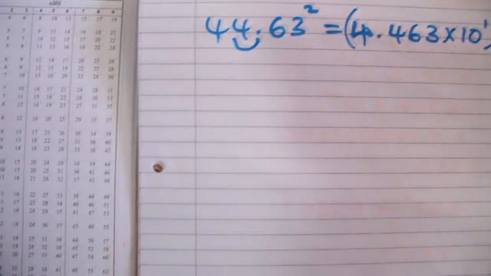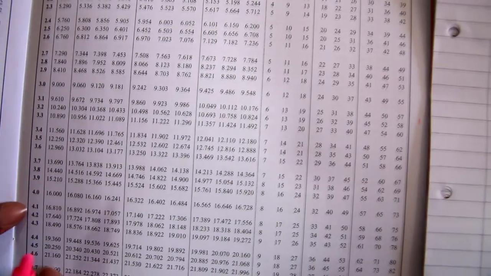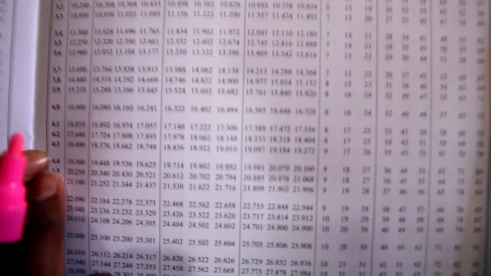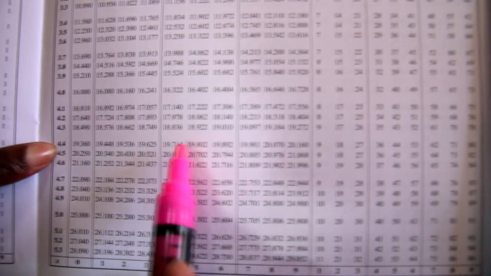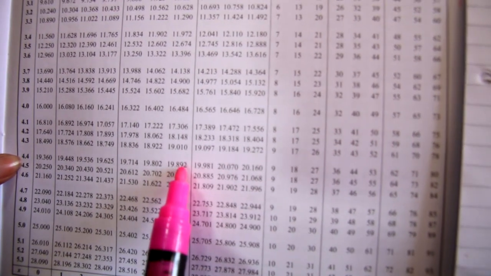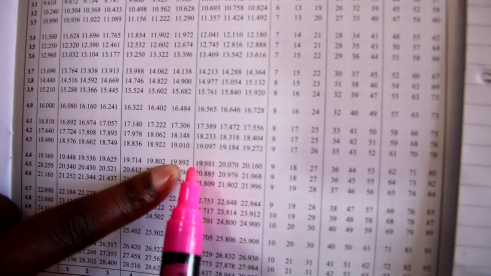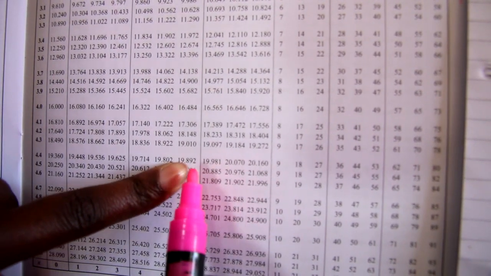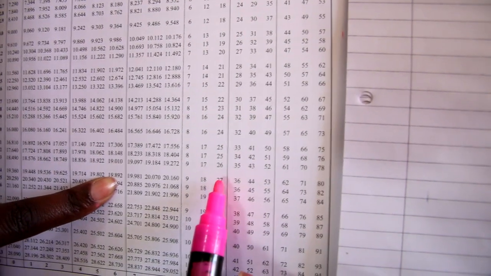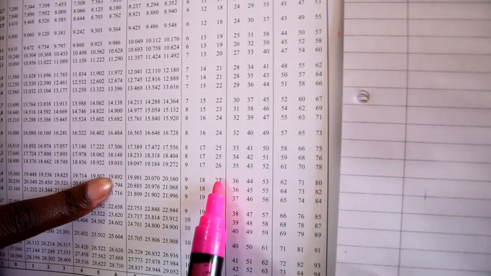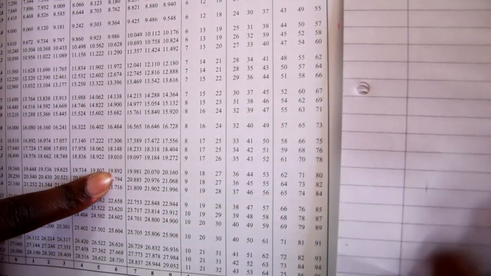Now, we're going to read the square of 4.463 from the tables. We first trace 4.4, then the column that coincides with 6, this is it, and then the column that coincides with 3, which has 27. So now you're going to add 27 to 19.892.